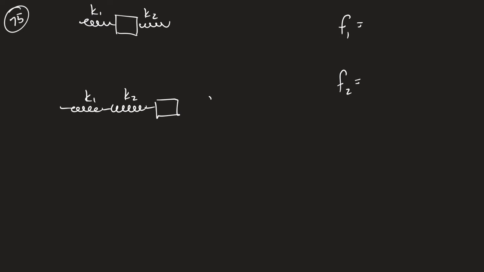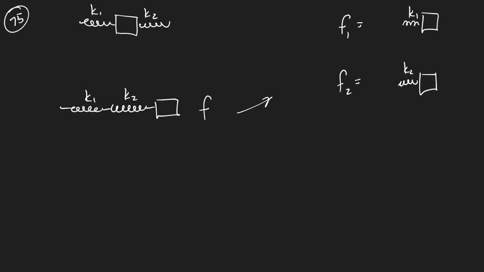But they ask for this frequency in terms of just one spring and the box. K1 in the box, and this one, K2 in the box. They want you to put your answer in terms of the other frequencies. Does that make sense? Or at least, am I defining the question correctly?